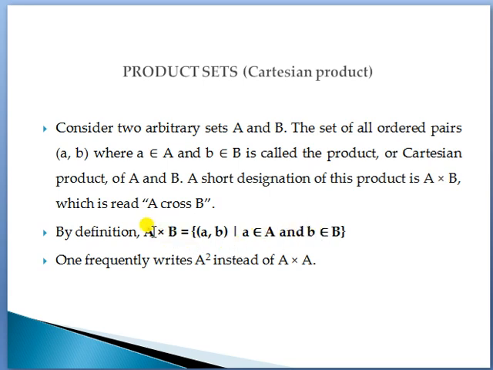If you are finding the Cartesian product A cross A, then it is usually denoted by A square.